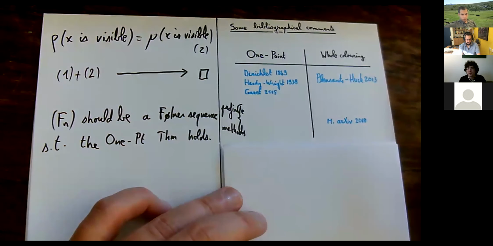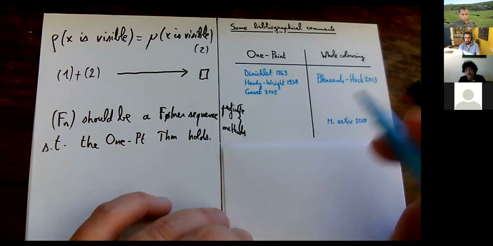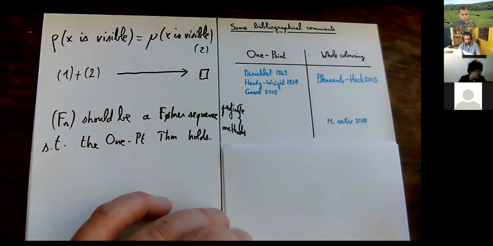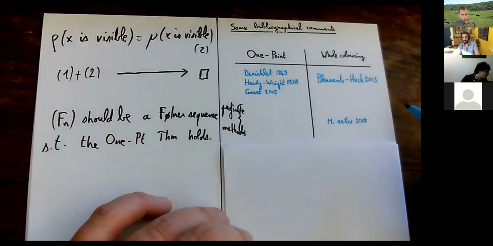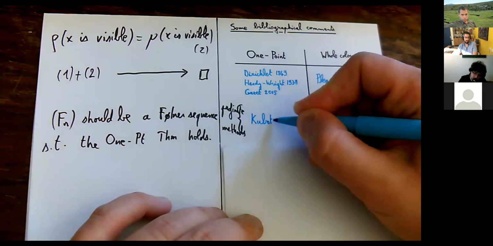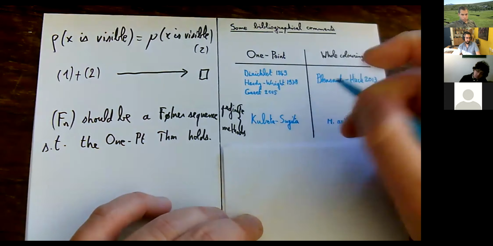And just a few weeks ago, I discovered that profinite methods have already been used in order to prove the one-point result as well. So it's a paper by Kubota and Sugita, 2002.